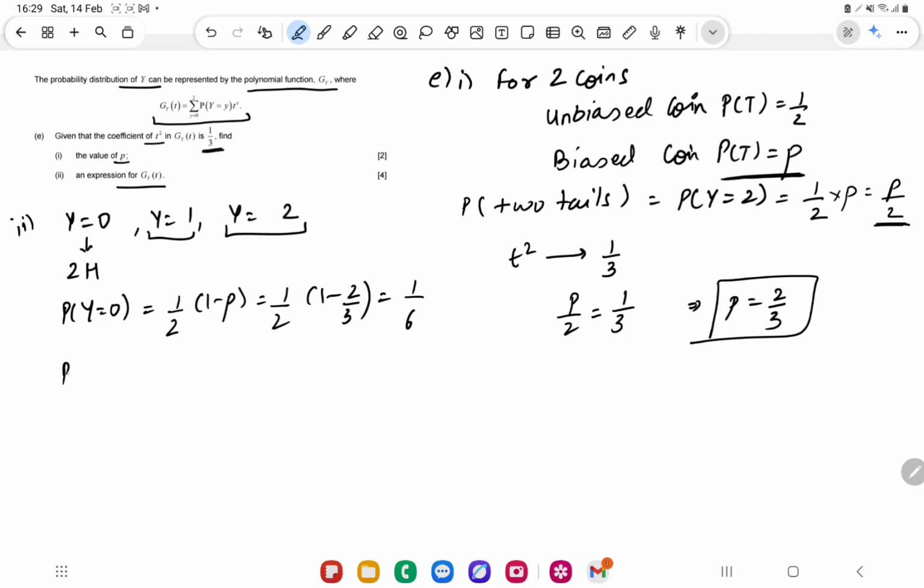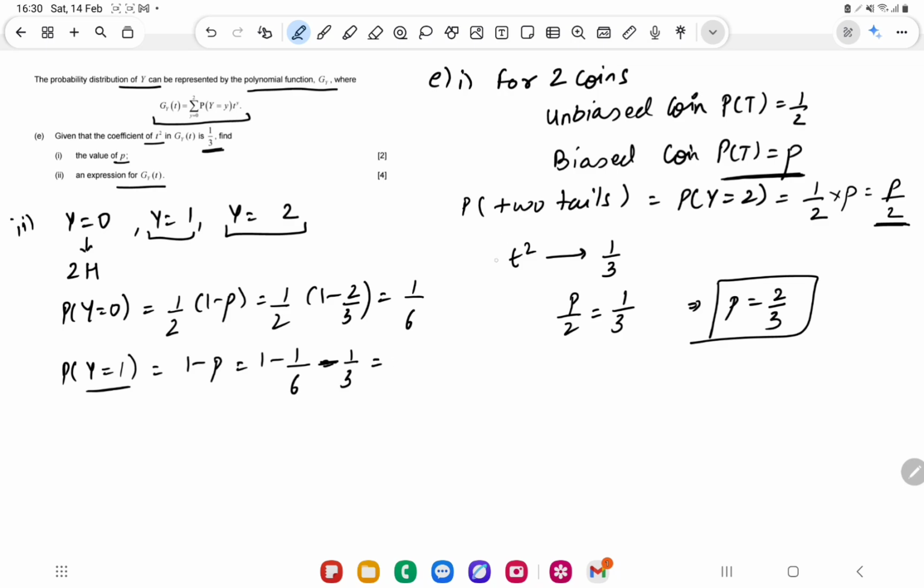Now for the probability of y equal to 1, I have already calculated it as 1 minus p, but here p will be 1 by 6. Or you can also say that this is for y equal to 1, so I can subtract 1 by 6 and we have to subtract 1 by 3 also from this.